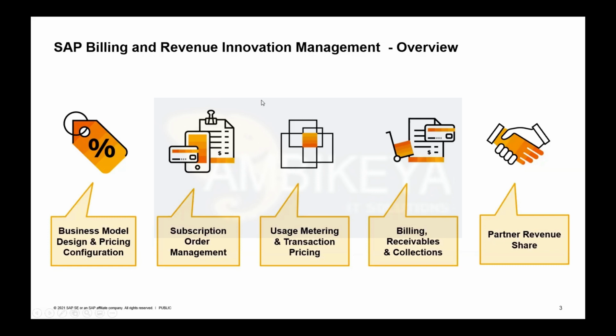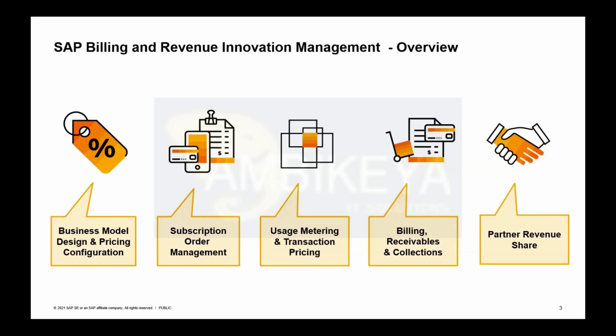And the Billing and Revenue Innovation Management includes a lot of pieces of functional modules, and also has included different SAP software components. Here we speak today about the on-premise part, but with the SAP Billing and Revenue Innovation Management, we also include already some cloud solutions.